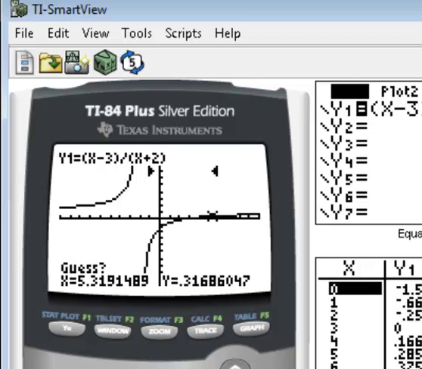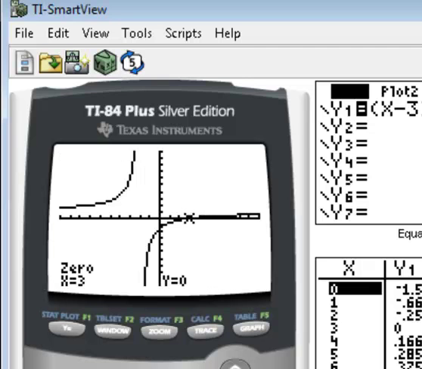Now move your cursor to approximately the point of the x-intercept and hit enter. The calculator has identified the x-intercept for you as the point (3, 0).